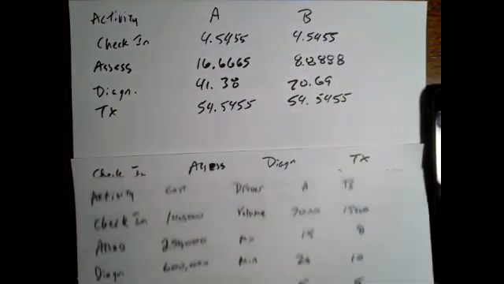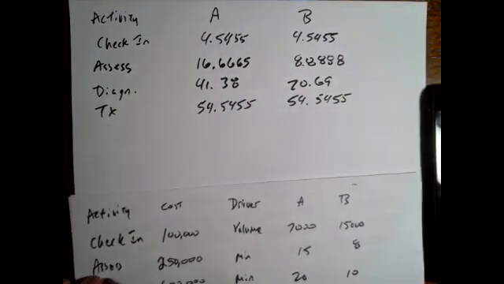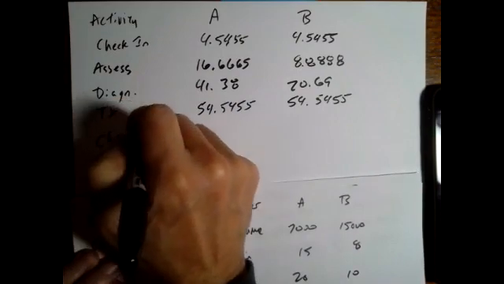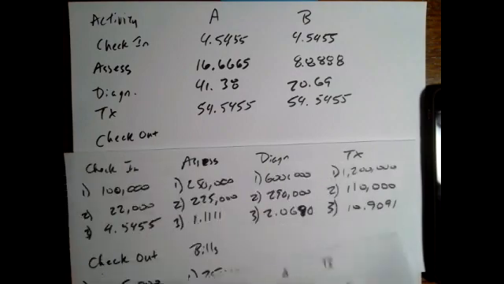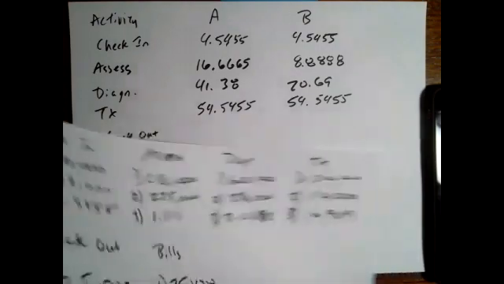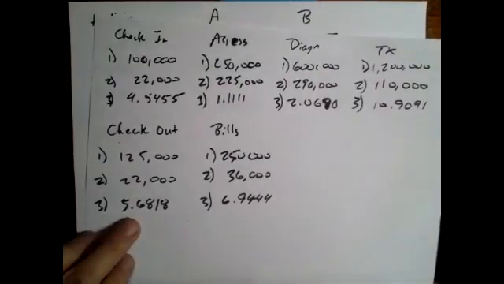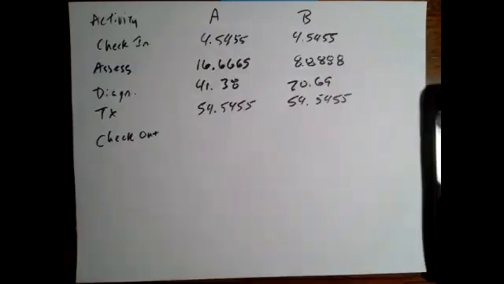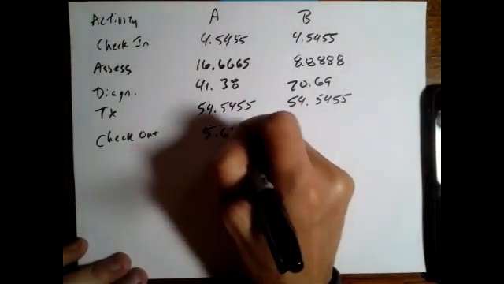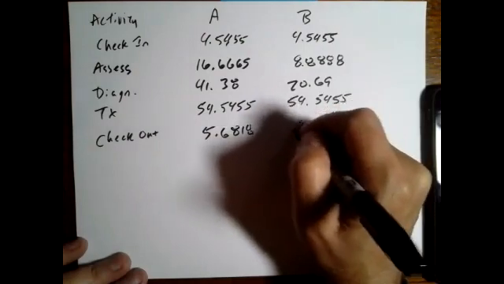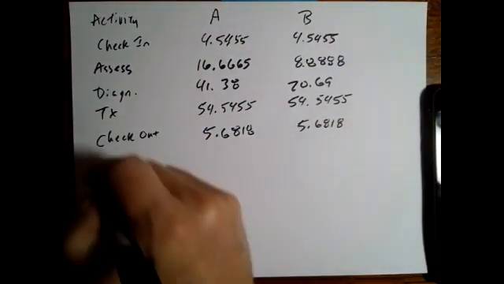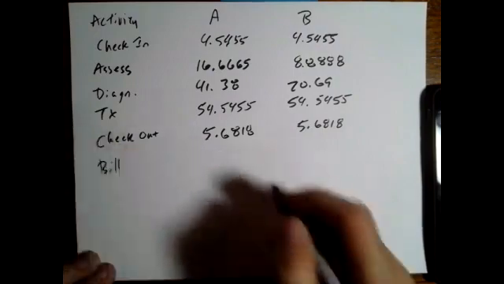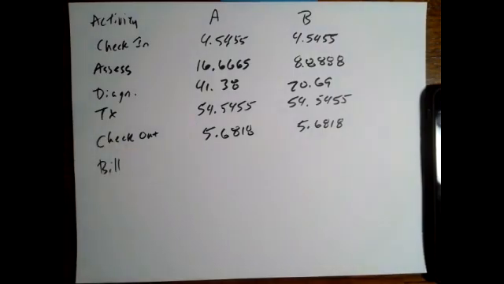Next is treatment. They each get 5 minutes of treatment. We estimate treatment at 10.9091 times 5 is 54.5455. And that's the same for both. Next is checkout. That's per visit, so they both get the same. And we estimated the checkout cost is 5.6818. And then finally, billing fees.